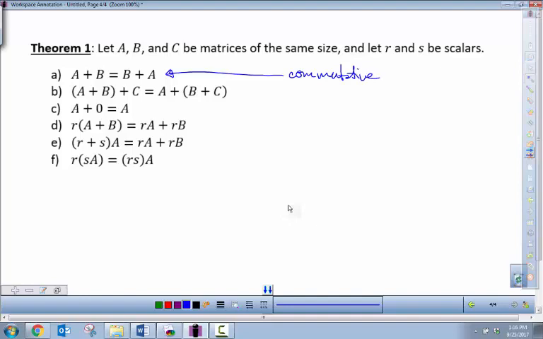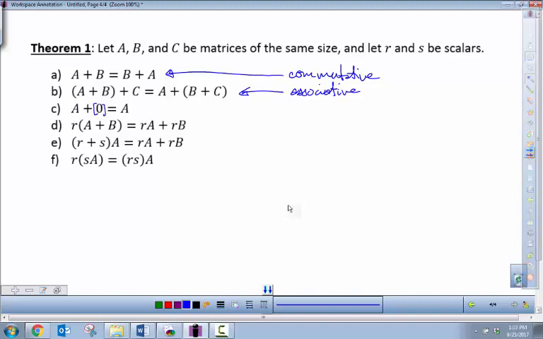We can say that addition of matrices is commutative, which means we can switch the order and we'll get the same answer. We can say that the addition of matrices is associative, which means if you have three of them, you can group them two at a time, and it doesn't matter how you regroup them, it'll still work out.